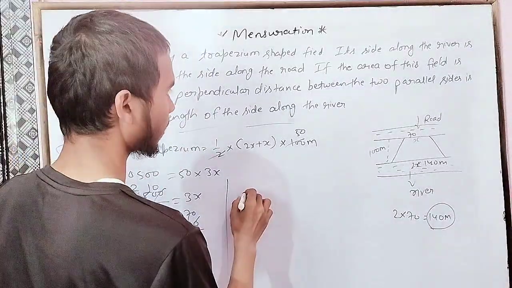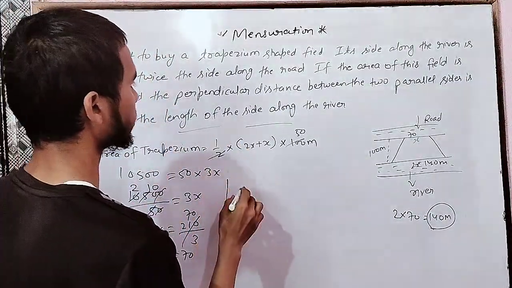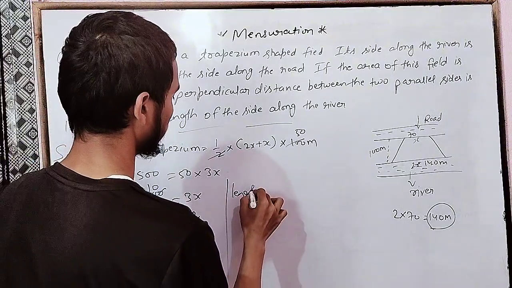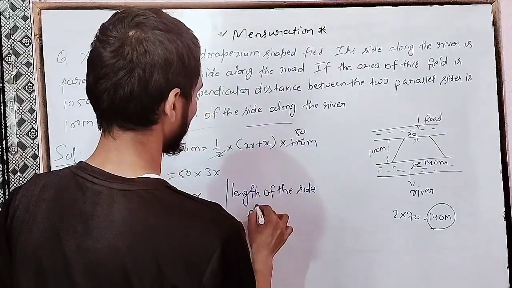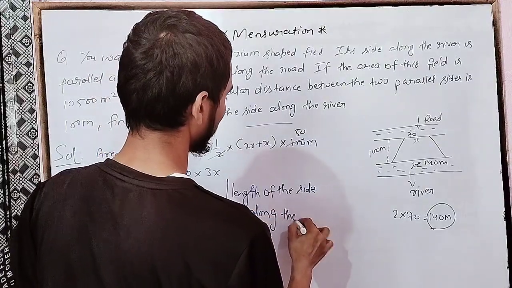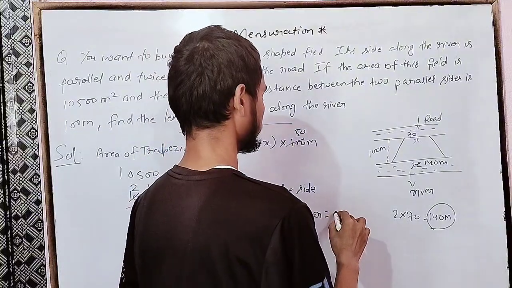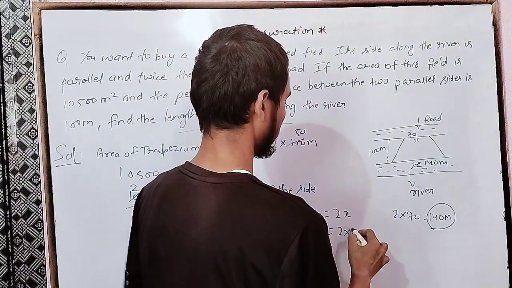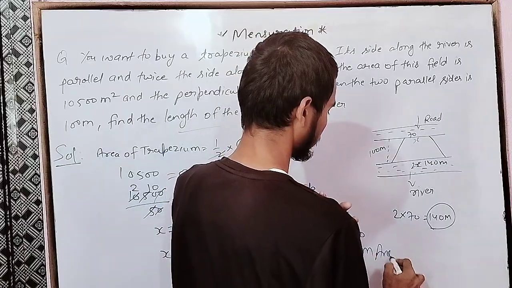So we can say the length of this side along the river is 2 multiplied by 70, which is 140 meters.